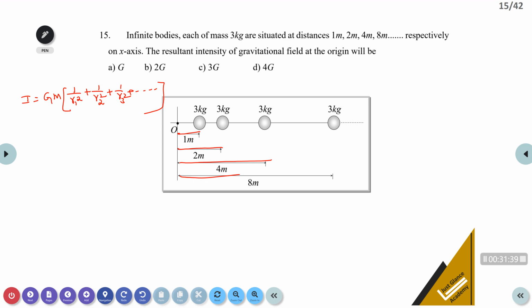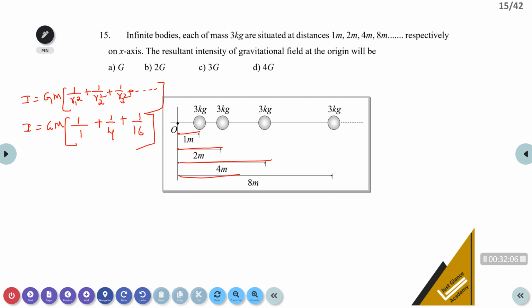I equals G into M into bracket 1 divided by r1 square, which is 1, plus 1 by 4, plus 1 by 16.